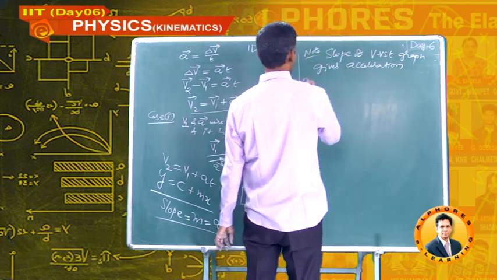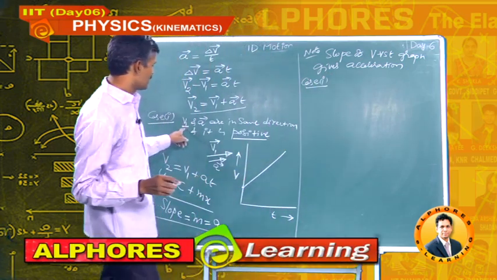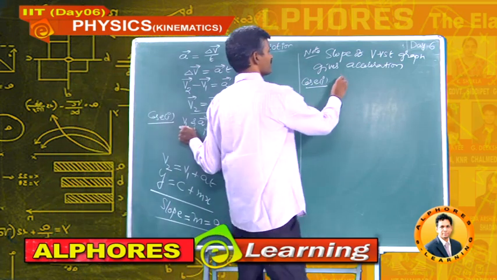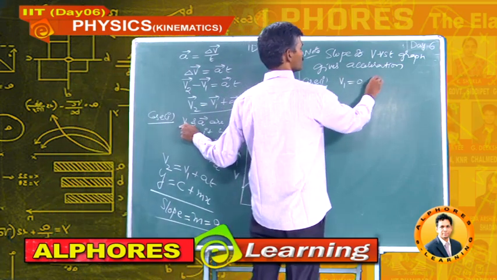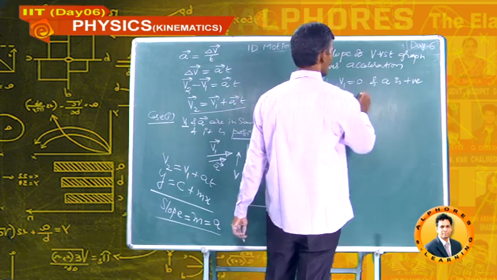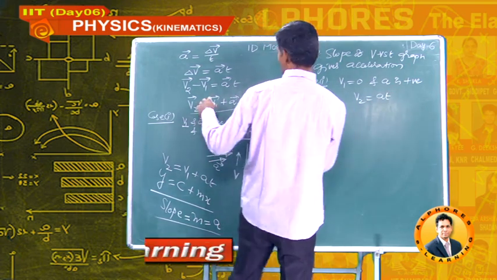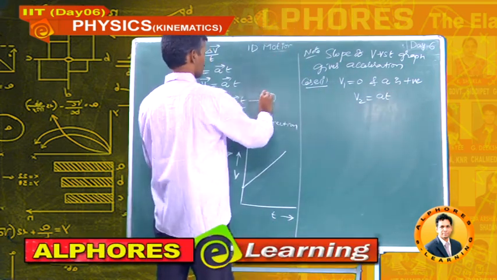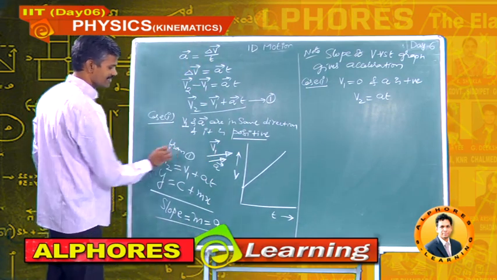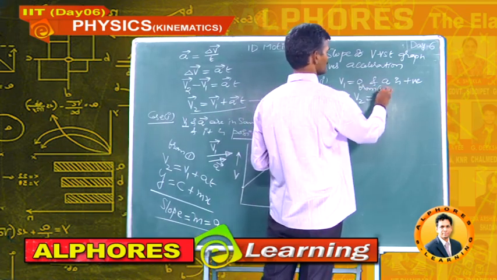Next, case 2: here I am considering a as positive but v1 is equal to 0. If v1 is equal to 0 and a is positive, our equation v2 becomes 0 plus at.